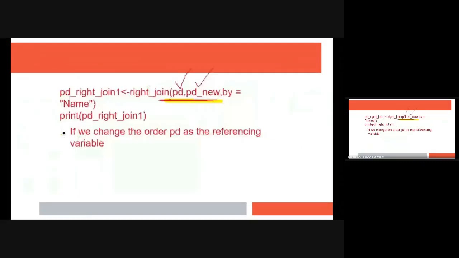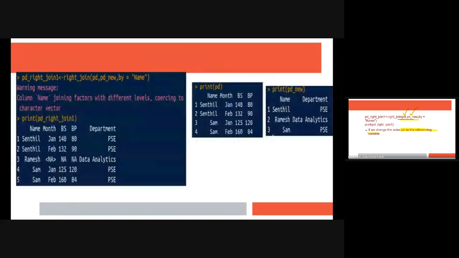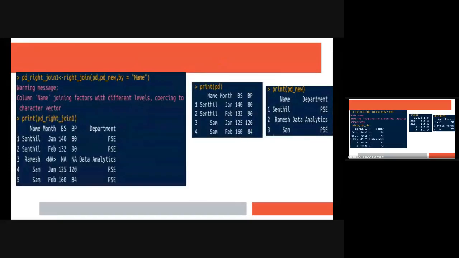Now we can change the order of PD and PD new. Here PD is the first element, so PD is treated as the referencing element. So let's see. In this command, PD is the referencing element. So what will be the output?